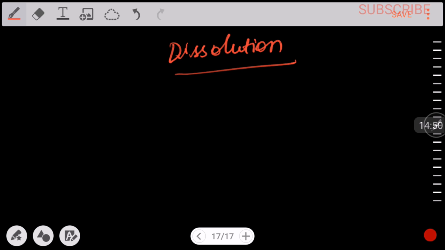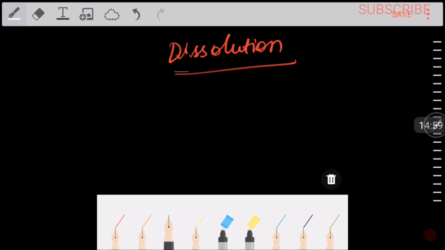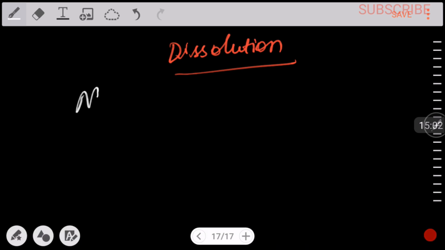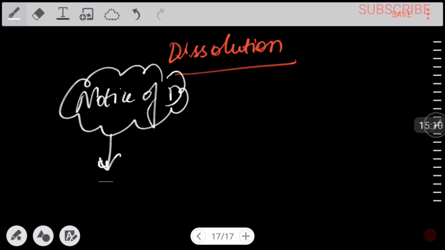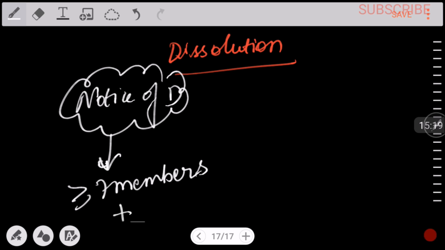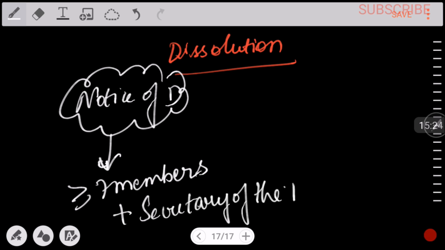Dissolution of registered trade unions. Dissolution means the trade union coming to an end, dissolving. Notice of dissolution, signed by 7 members and by the secretary of the trade union.